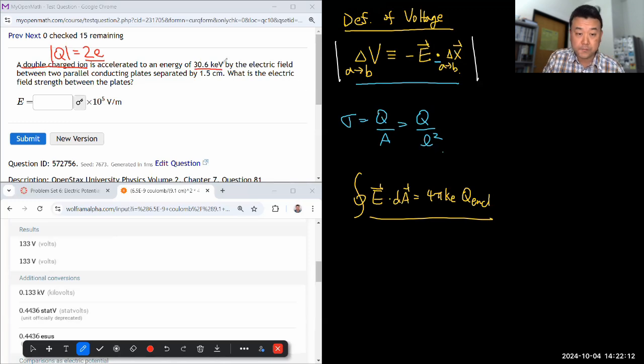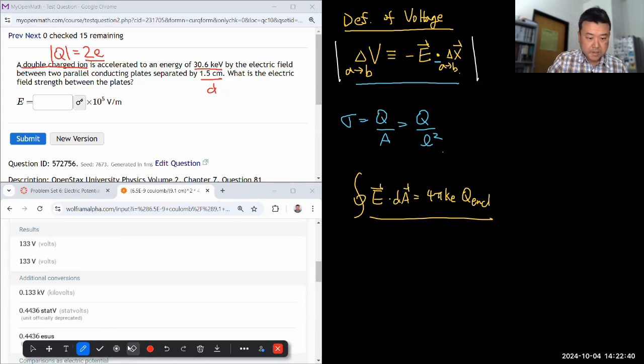And this electron volt unit of energy is super useful. It actually allows you to do some mental calculation that normally you would need to look up constants for. So let me finish reading the question and I'll explain how to use that fact. Accelerated by the electric field between two parallel conducting plates separated by some distance d, what is the electric field strength between the plates?